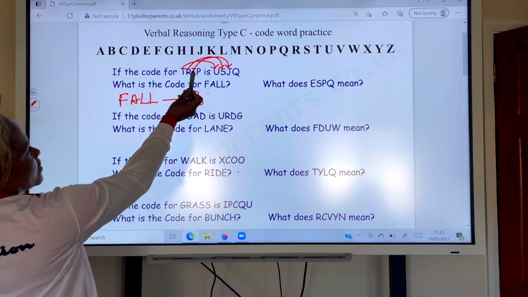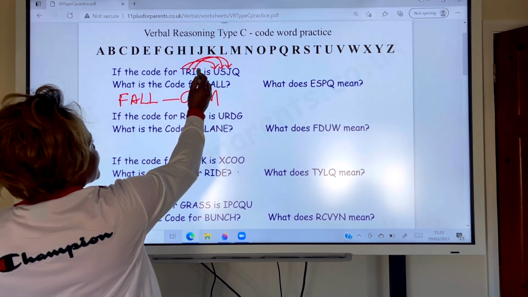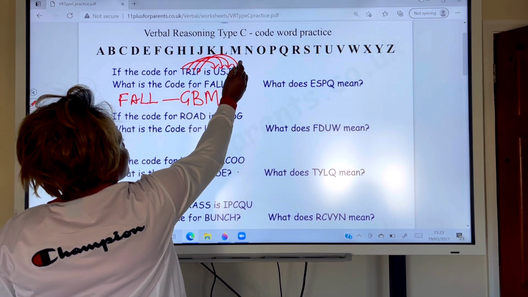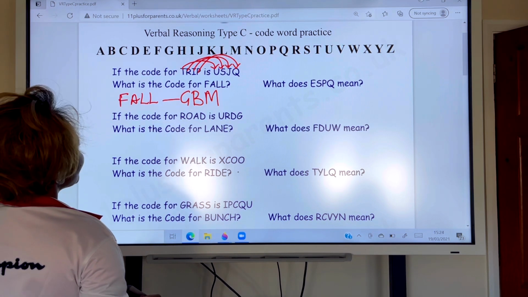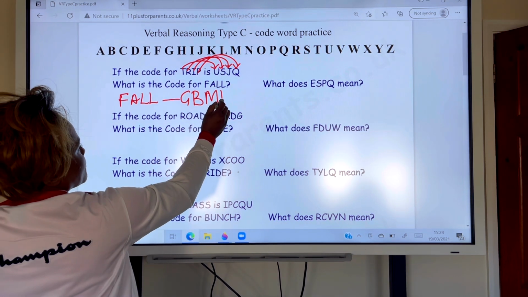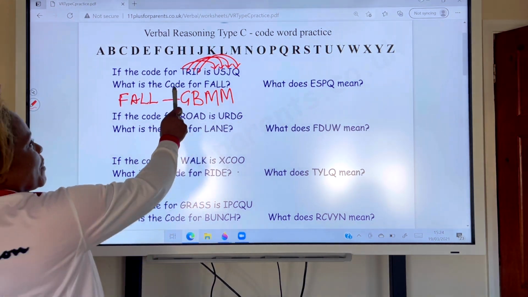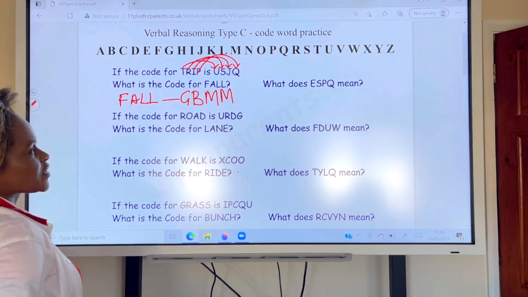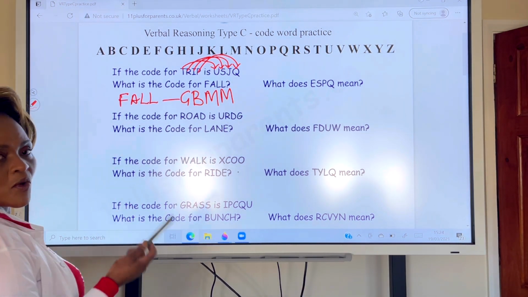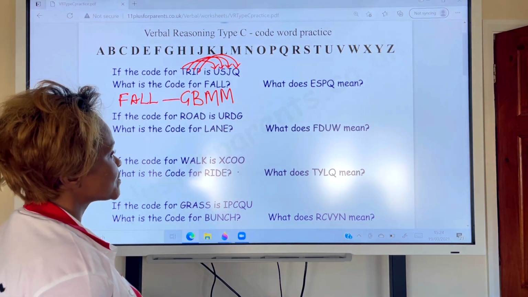So L, forward 1, that will be M. P to Q, forward 1, so L forward 1 will be M. Can you see? The pattern we used there is the same pattern you are going to use here. We're doing forward 1 on all the letters. The pattern changes all the time, as we see when we do the next ones.